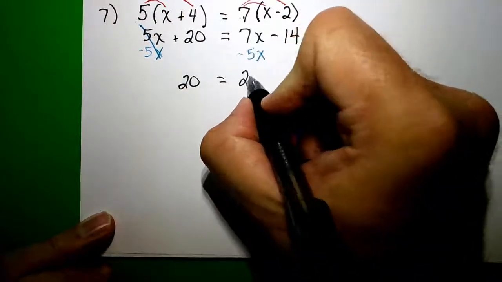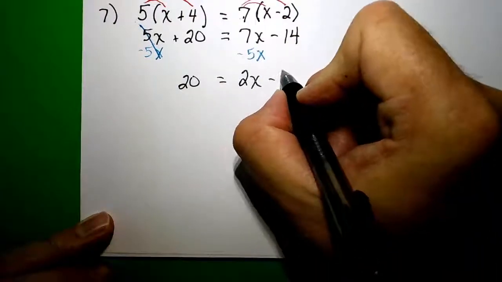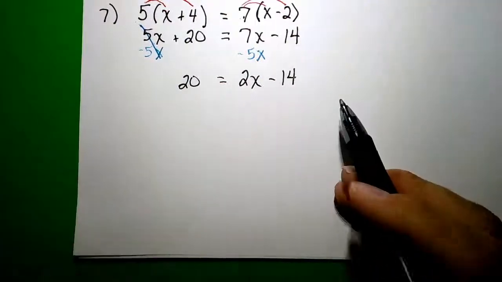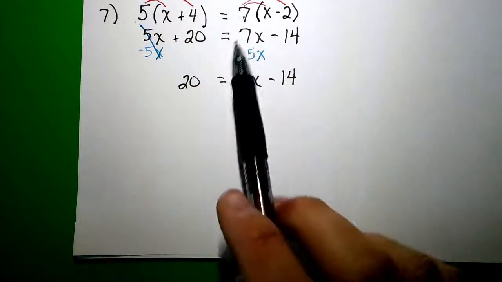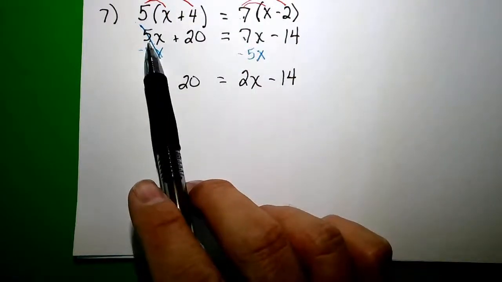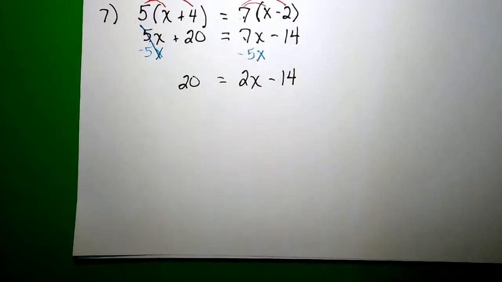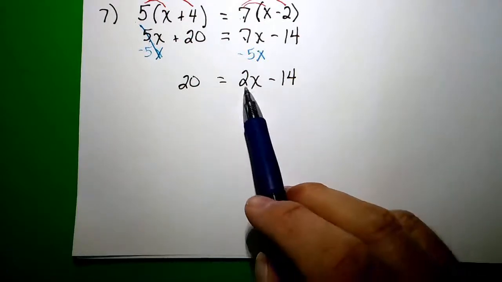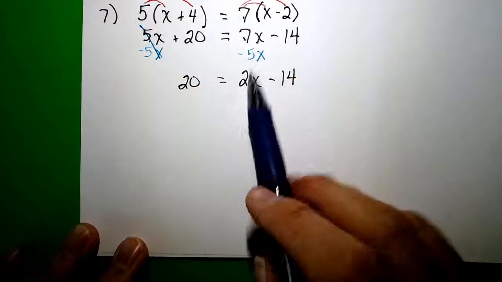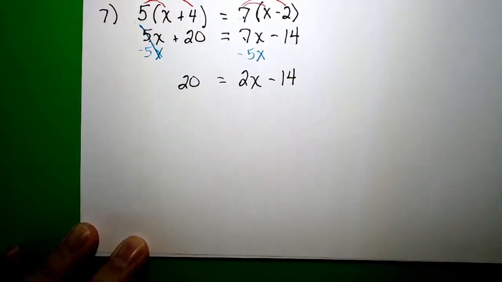That's a positive 2x. Now, if we had done the other way, if we had subtracted the 7x, you see we would have had a negative. So I like doing it like this, but you sure don't have to. If you want to get the negative 2x over there, that's fine.